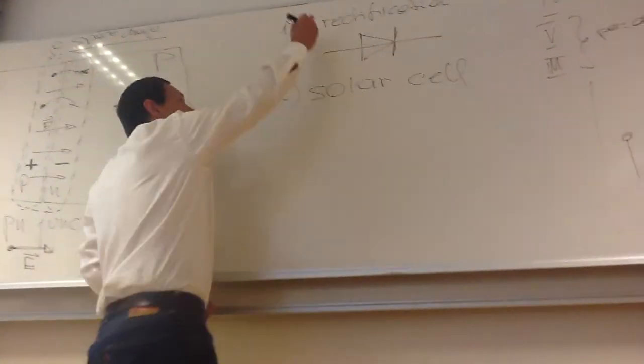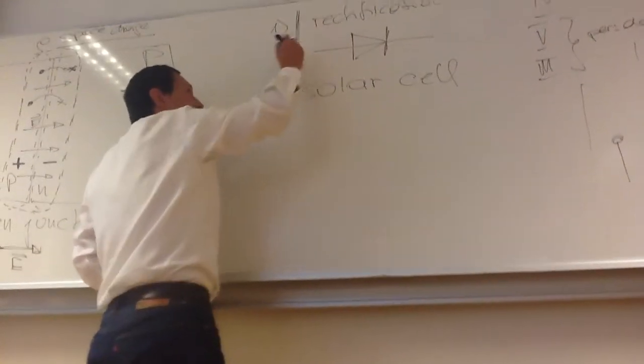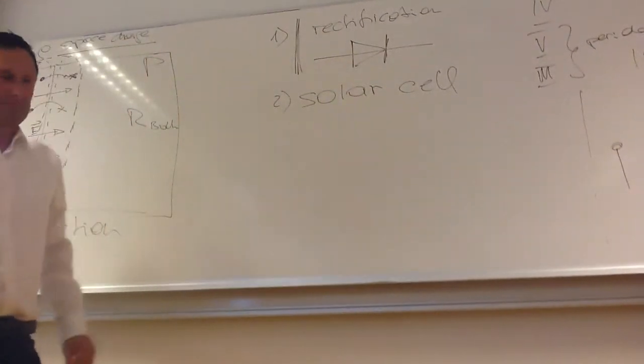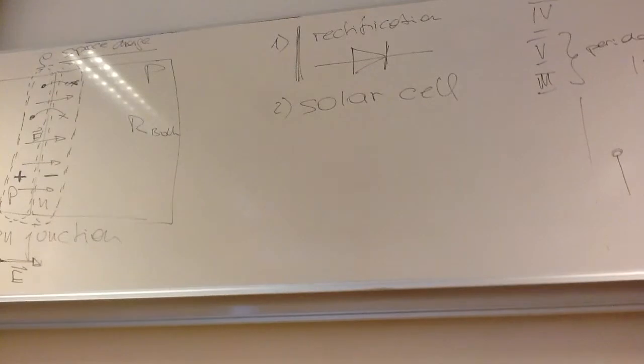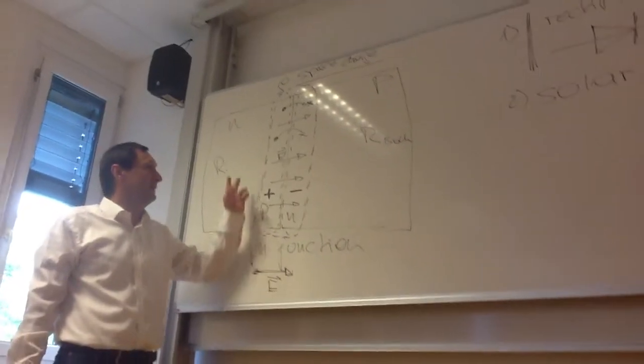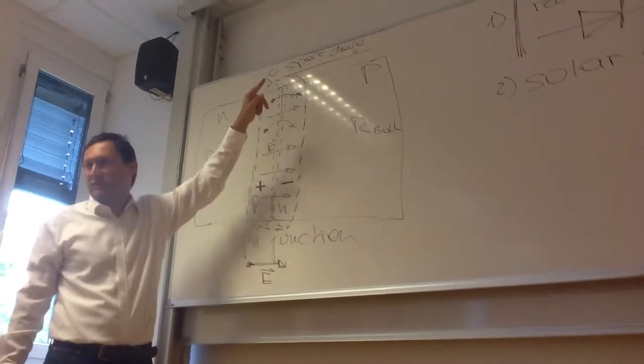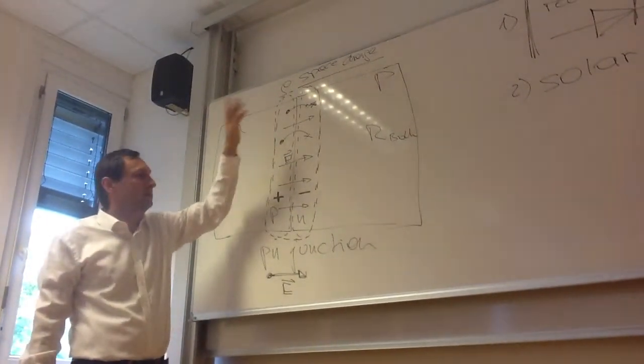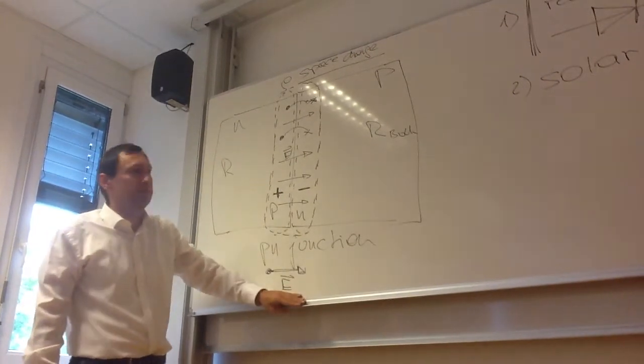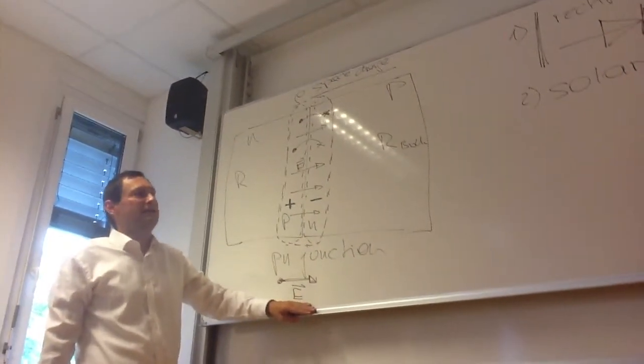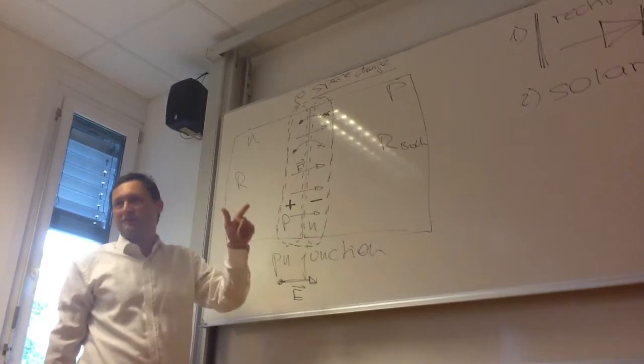First, we will focus on the first application. What is going on here? The main thing is this internal electric field of this space charge area. That's what defines the property that current can only flow from one side to the other.